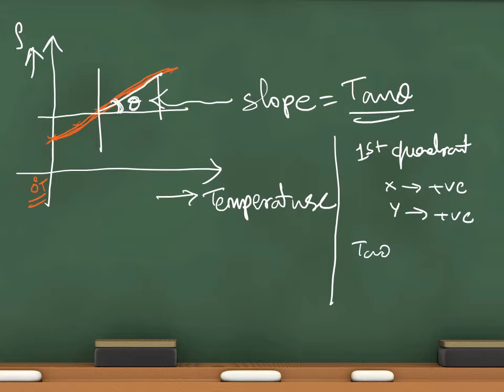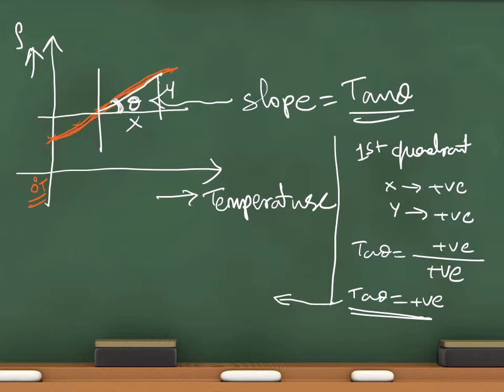Tan theta is the opposite side, which is the y-axis, over the adjacent side, which is the x-axis. So y will be positive and x will be positive, so tan theta will be positive. What is tan theta? Tan theta is slope. So the slope is positive.